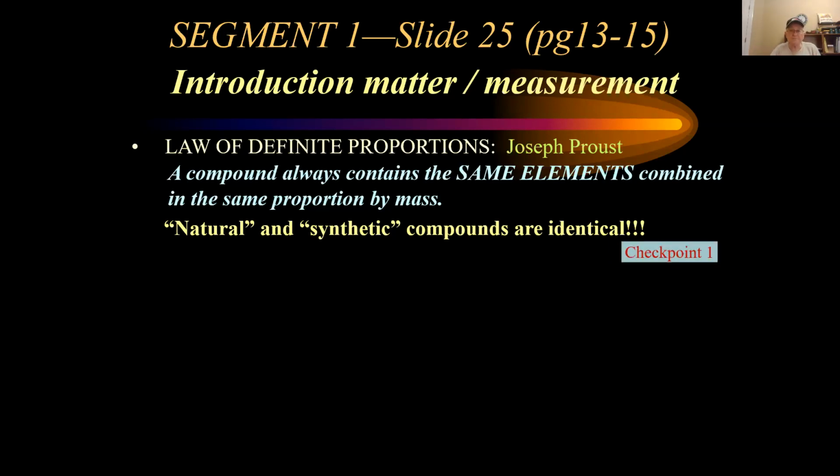Now, here's the first incident of a checkpoint. And what I would like for you to do during the break is, if you can do it without losing Zoom, pull up checkpoint number 1 from D2L, and we'll work on it.